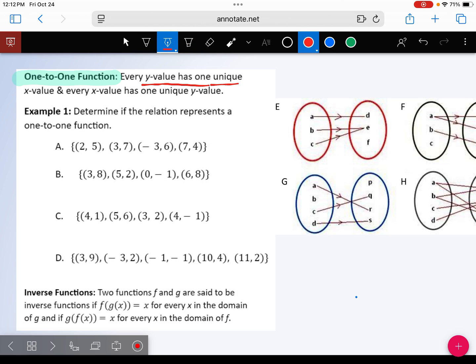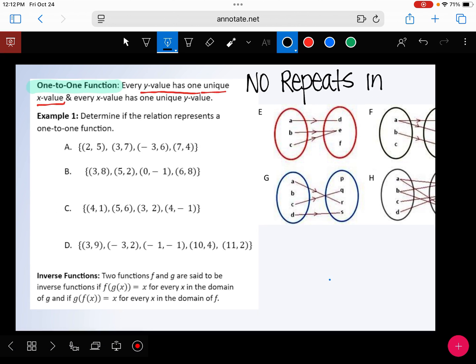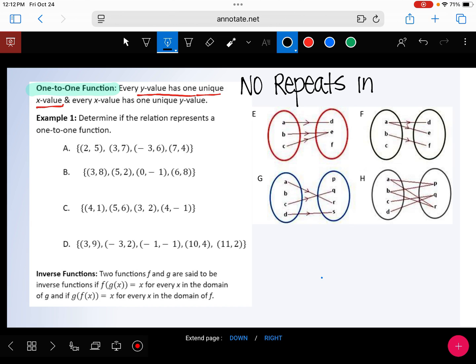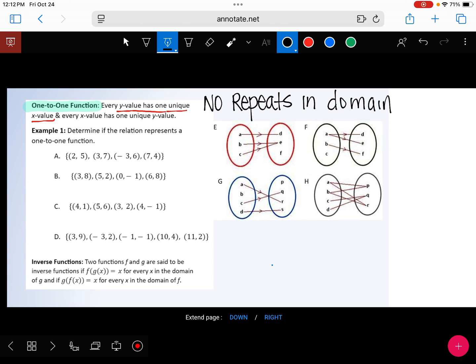That's what it means, unique. And all of your X values are unique, meaning there is no repeats. No repeats in domain or range.